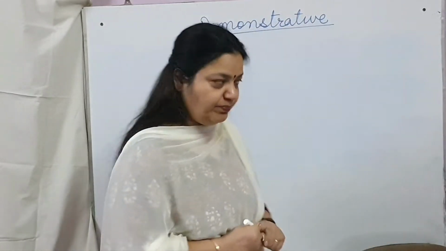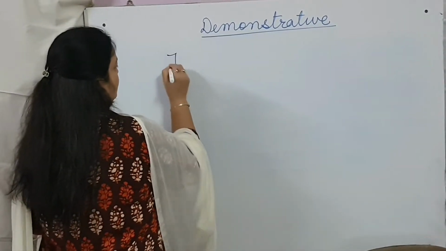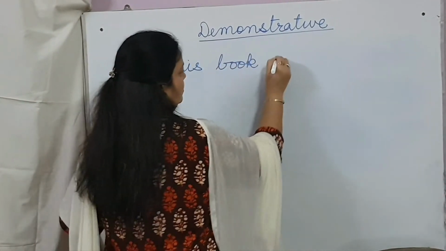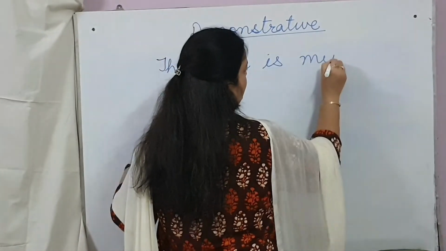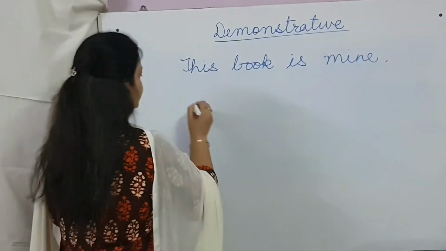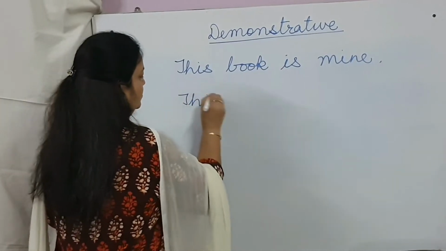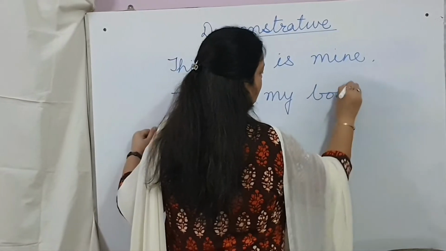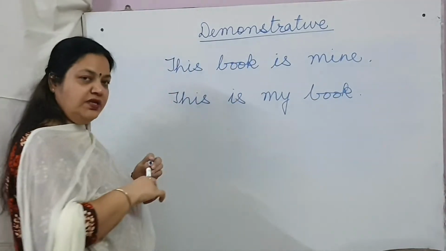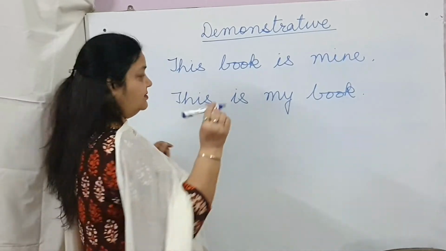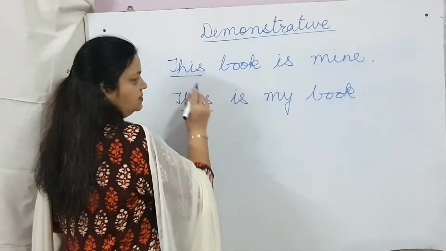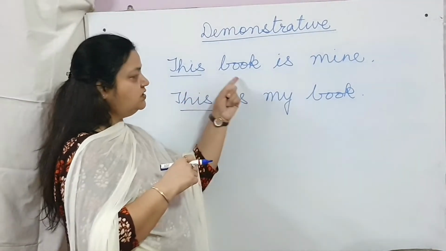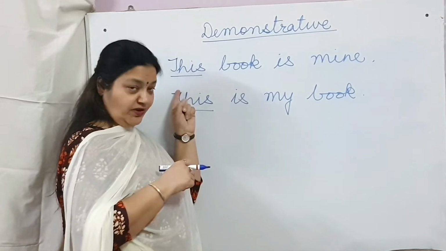Let me give you one example. Now here, see the word this. This and this. Both the sentences have this word. Here this is used just before a noun to qualify it.